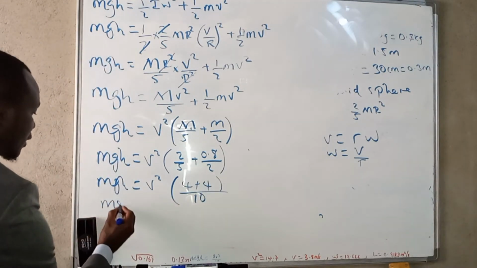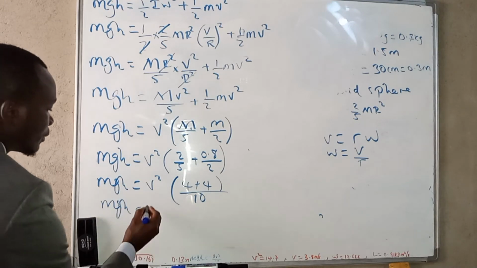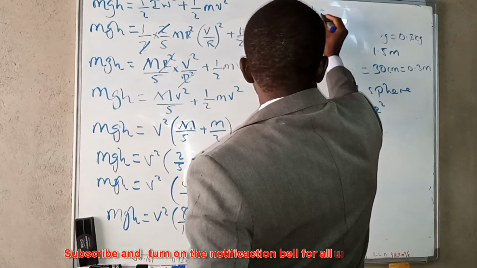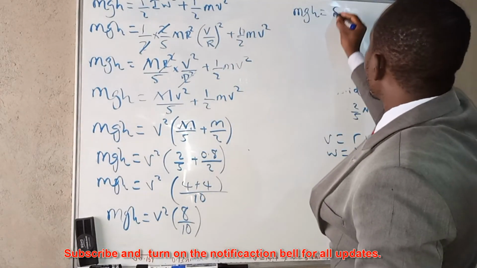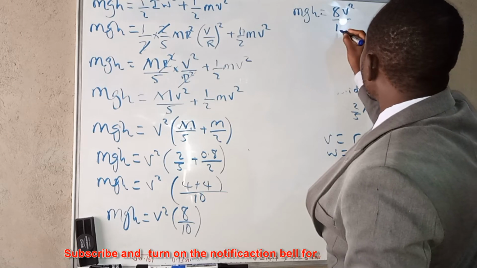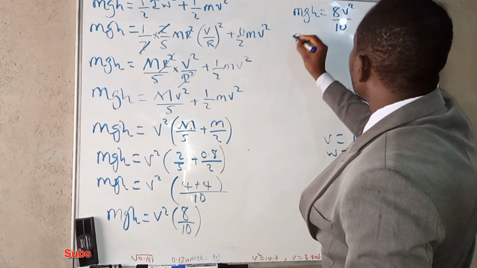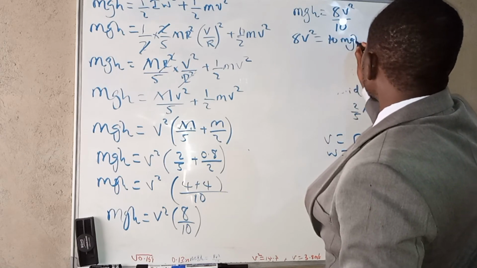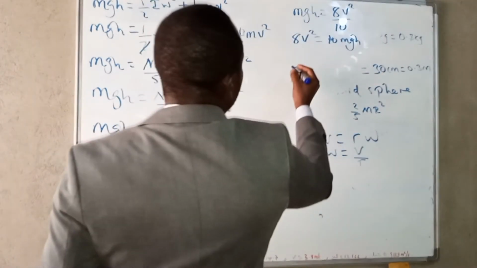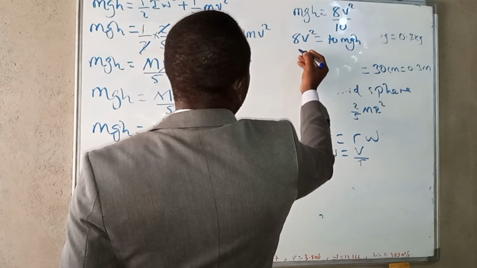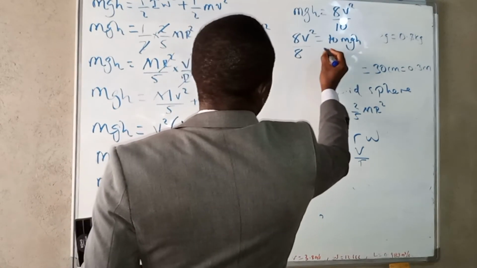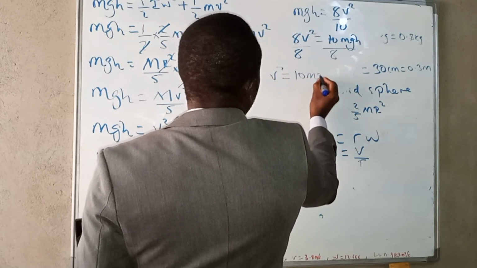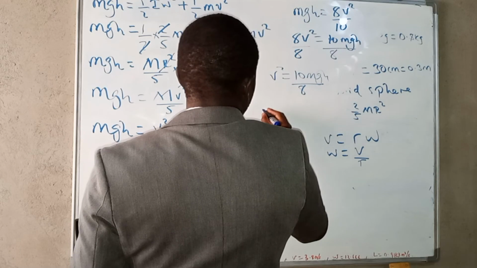So mgh is equal to 8v squared over 10, that is, 8v squared is equal to 10 mgh. Dividing through by 8, v squared is equal to 10 mgh over 8.